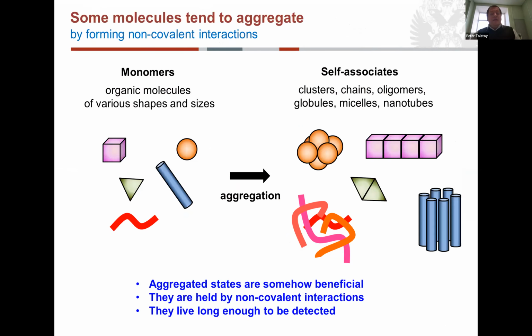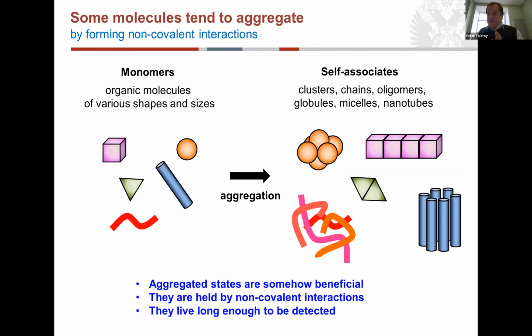Now, it is a fact of life and nature that atoms form molecules. That's a given. It is also a fact of nature that molecules often tend to aggregate. Organic molecules of various shapes and sizes can cluster up, forming clusters, chains, oligomers, globules, micelles, nanotubes, you name it. The aggregates can also have different shapes and sizes.